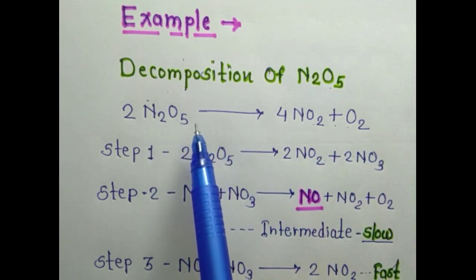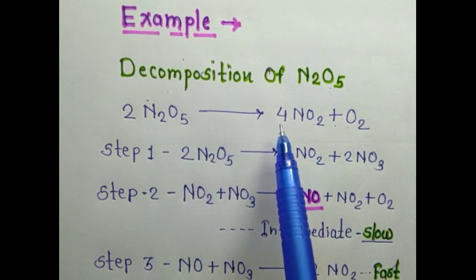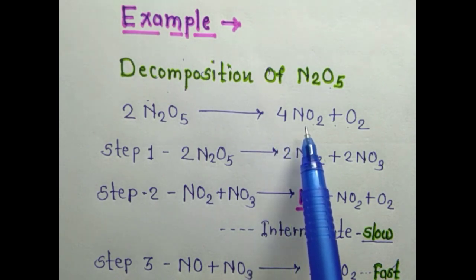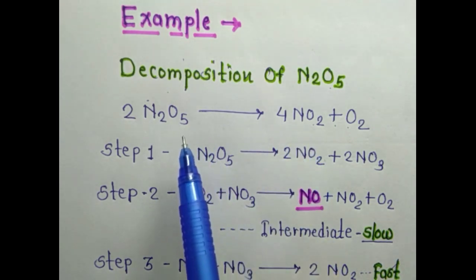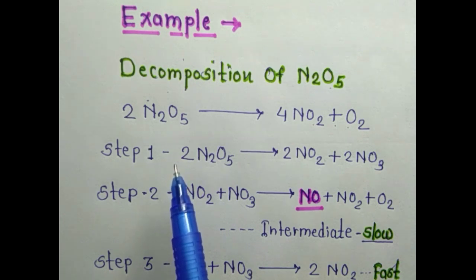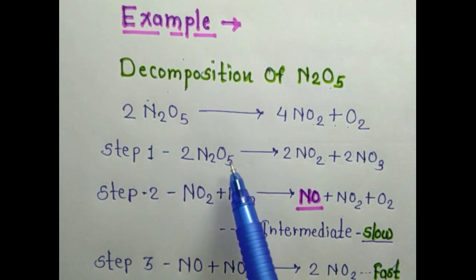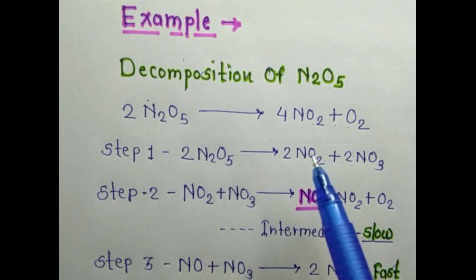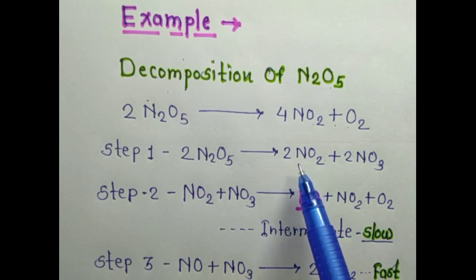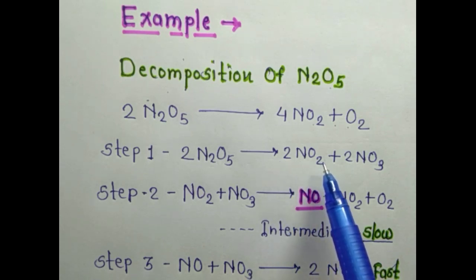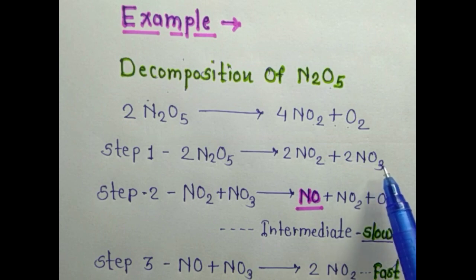This reaction occurs not in a single step but in several steps. In step one, 2N2O5 is decomposed into 2NO2 plus 2NO3.